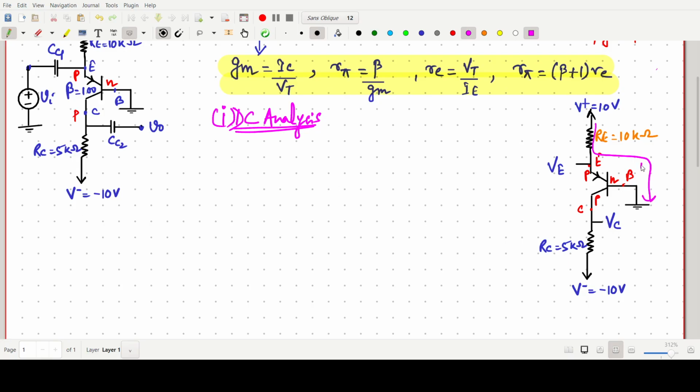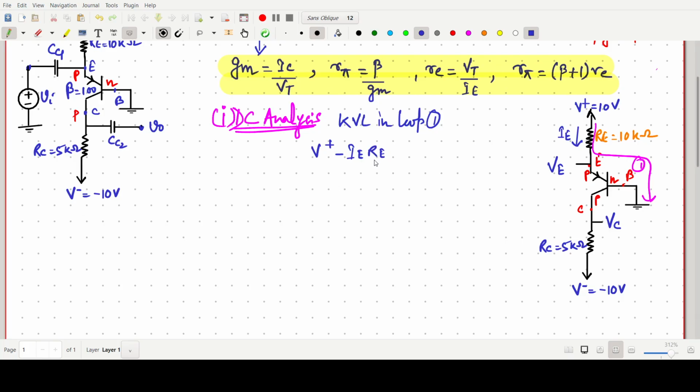If we apply Kirchhoff's voltage law in loop 1, we can write V plus, then some DC current IE flows, so minus IE RE.